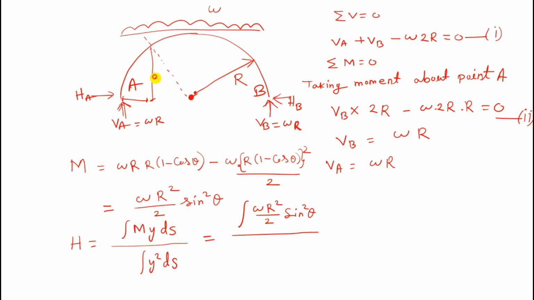Okay, this is the y, and this is theta, and this is r. So y will be r sin theta. And ds will be r d theta divided by integration y square ds, that means r square sin square theta r d theta.